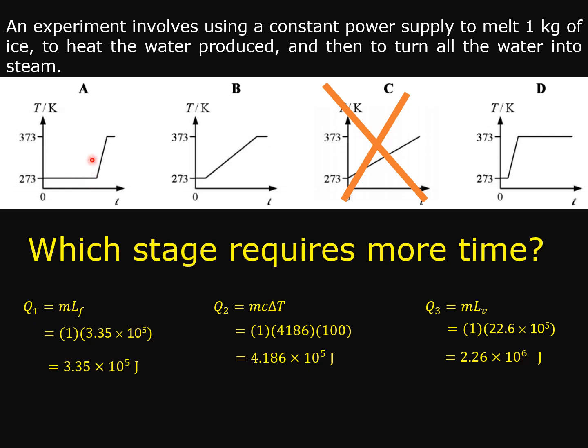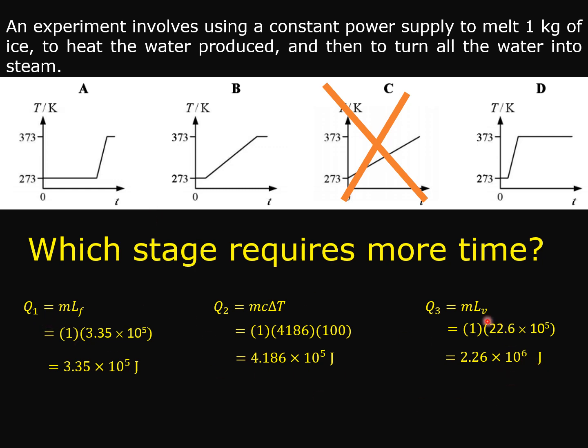For water changing its temperature from 0 degrees C to 100 degrees C, we call it stage number 2, and for the boiling water at 100 degrees C transforming into steam at 100 degrees C, we call it the third stage.